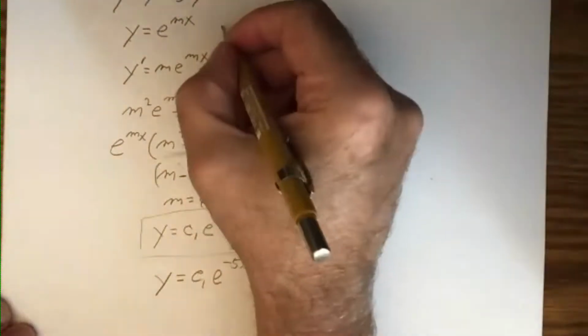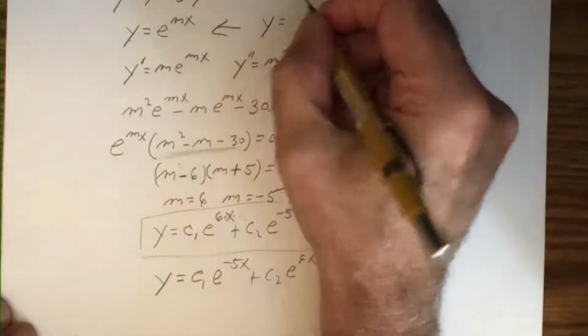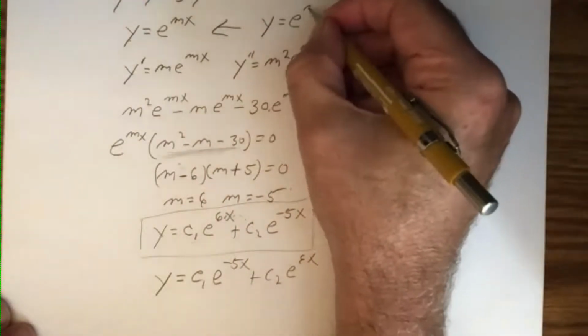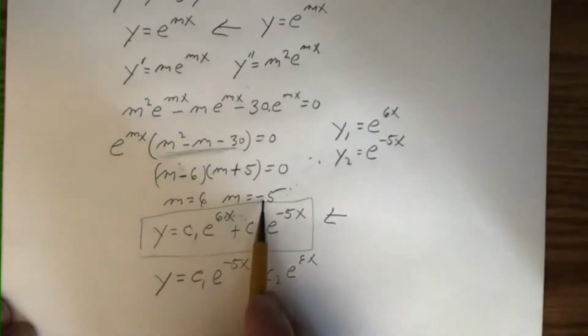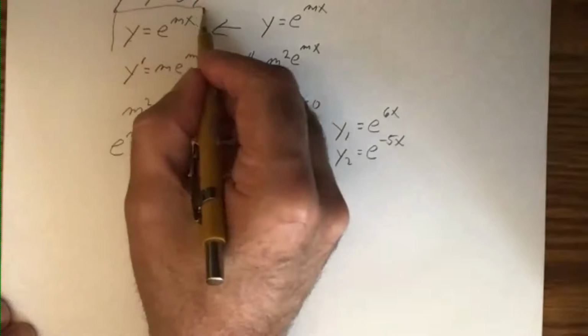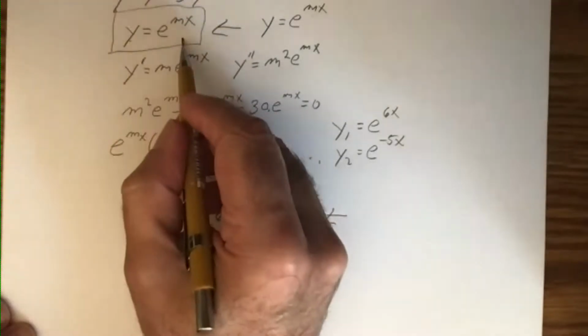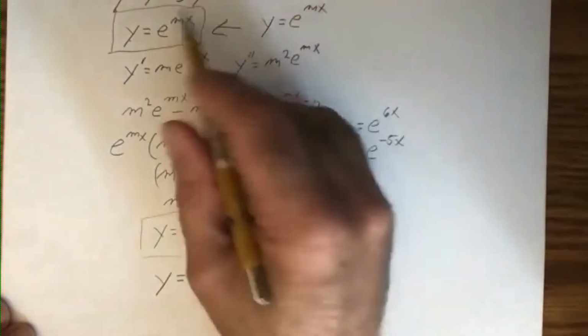Remember now, we started out with y is equal to e to the mx. I got two values for m, so the two values I got for m are 6 and minus 5. Very good point, actually. I'm assuming that this is going to be a solution. And you see, I end up getting two solutions.